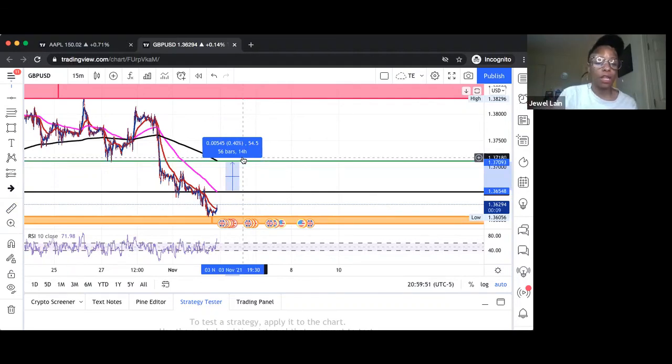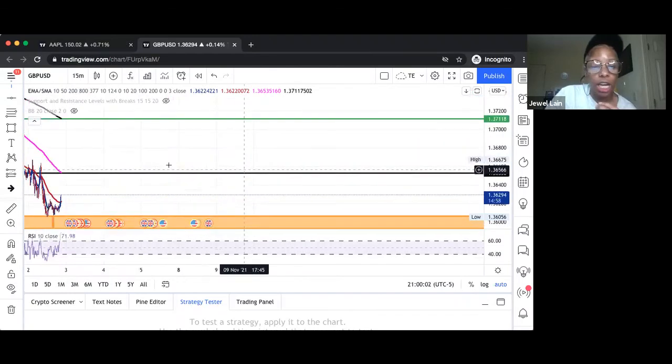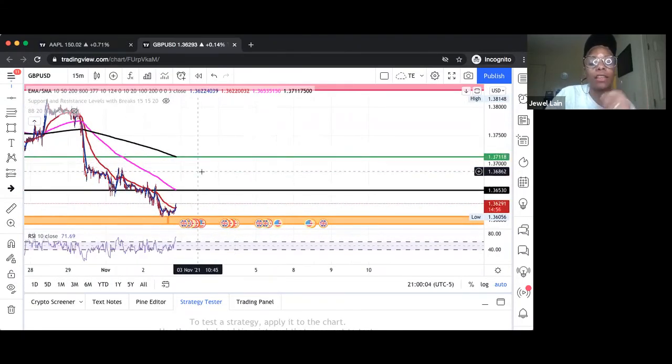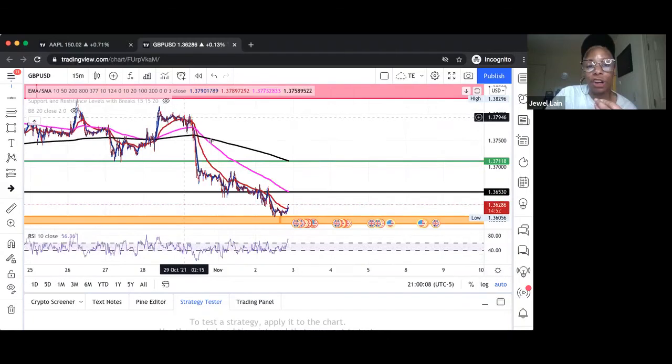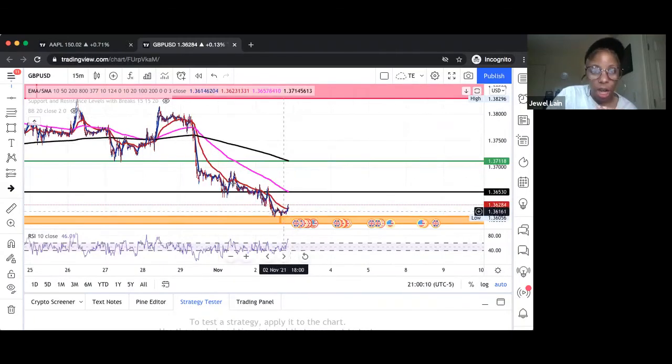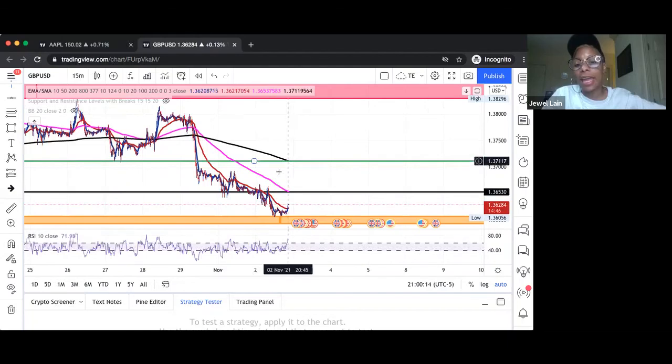All right. So my job is to wait until my candles break this resistance, because you have to understand your candles have to break the trend that it's currently in. It is currently in a sale. So in order for me to take the trade successfully, it must break the trend.